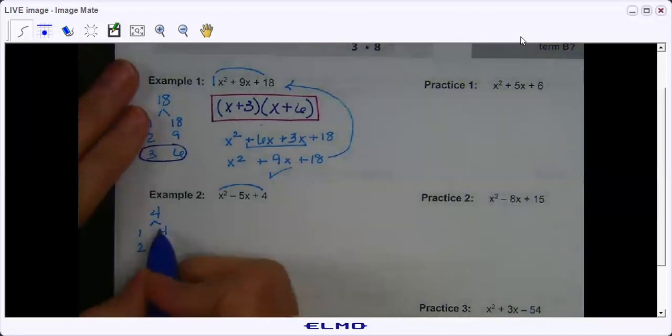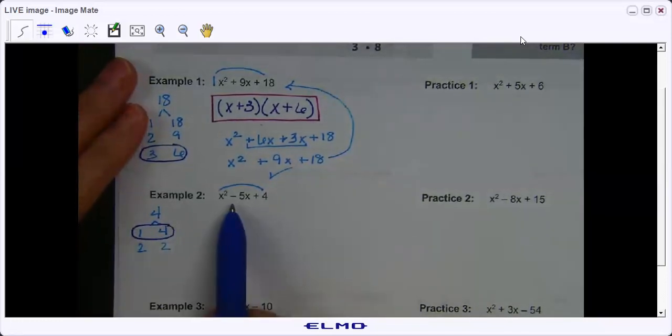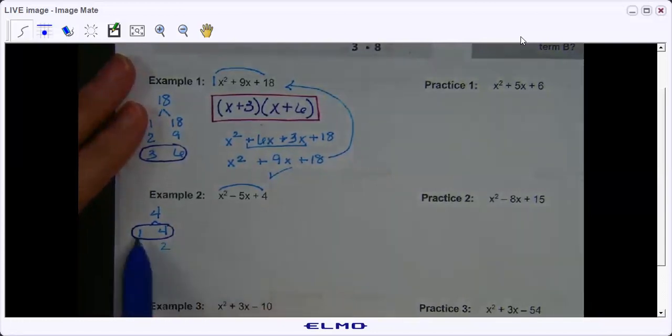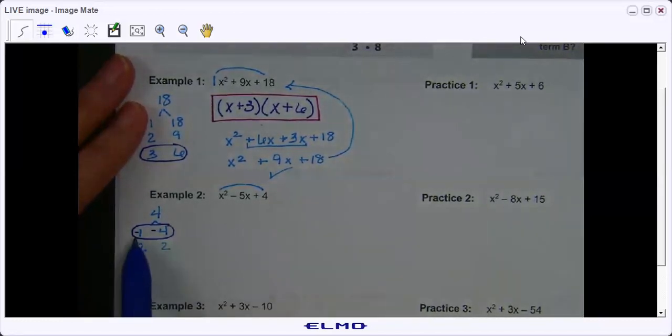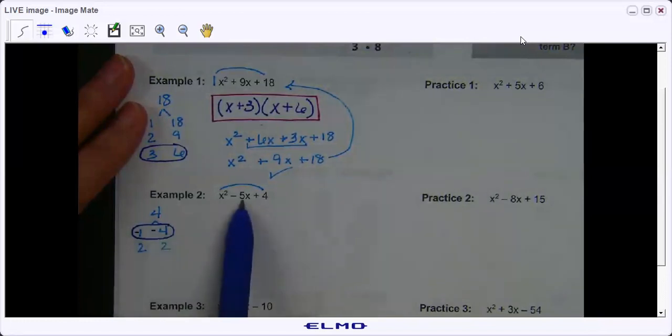So I know that my terms are going to have to be 1 and 4, but notice that this is a -5. What that means is that 1 and 4 both have to be negative, and we have a -1 times a -4 gives us a +4, and we have a -1 plus a -4, which gives us a -5.